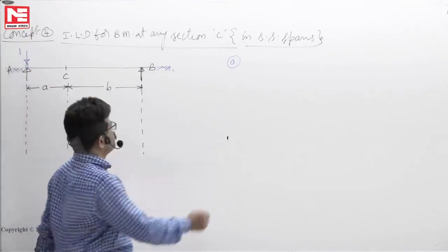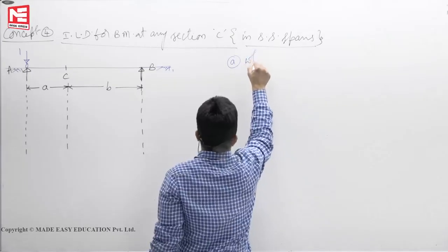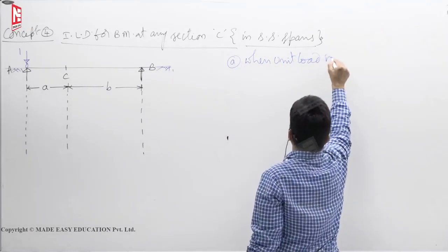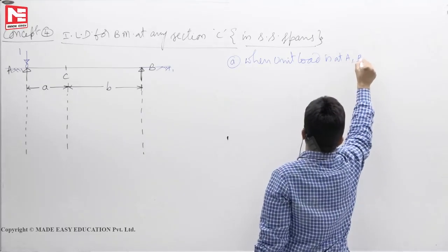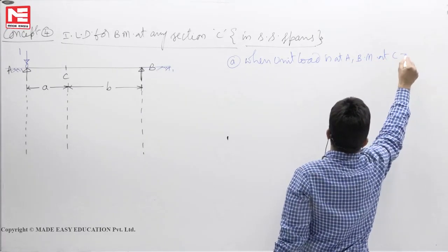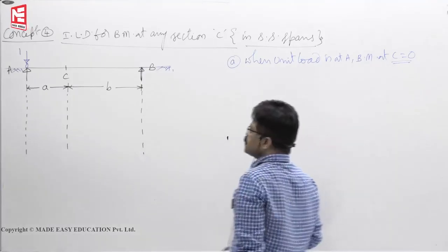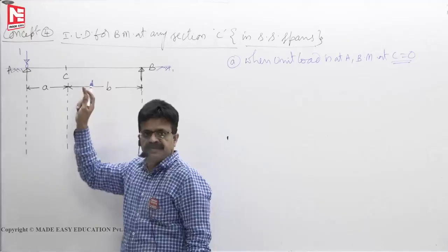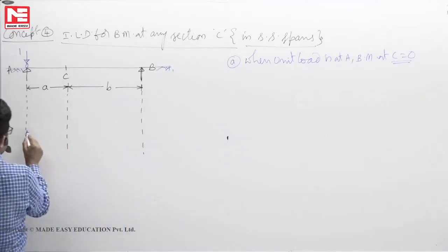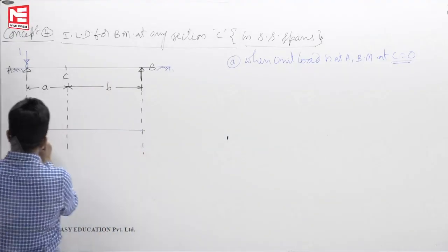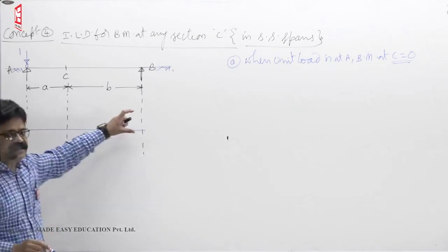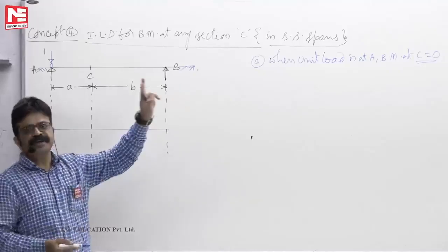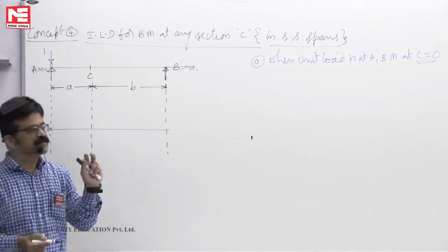When unit load is at A, bending moment at C is equal to 0. That means the influence of 1 on bending moment at C is 0. That means the influence ordinate is 0. The ordinates that you are showing are the influences of the unit load on bending moment or reaction or shear force.